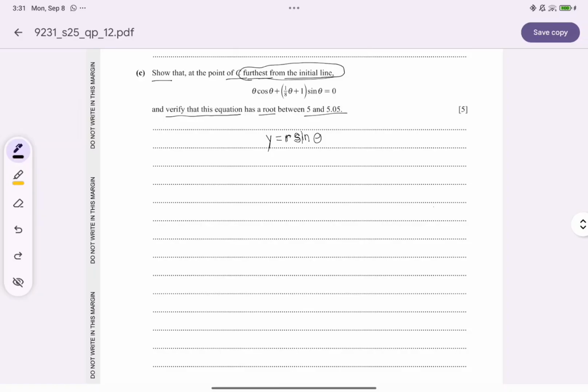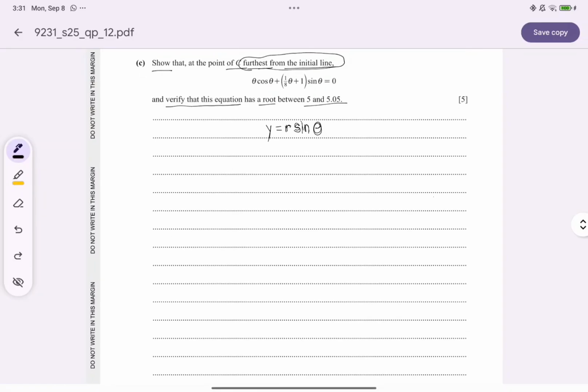So y is equal to r sine theta, which is theta times e to the power of 1 over 8 theta, times sine theta, and dy by d theta. Let's differentiate.